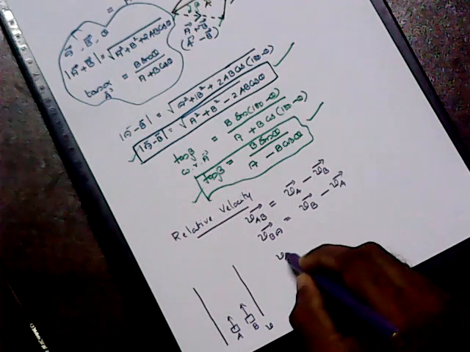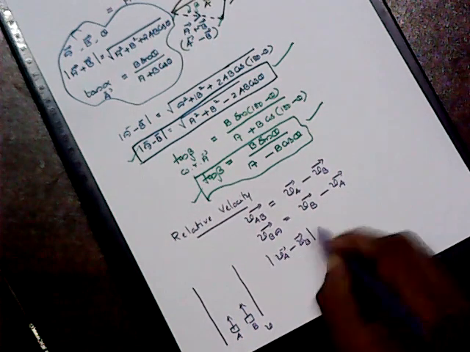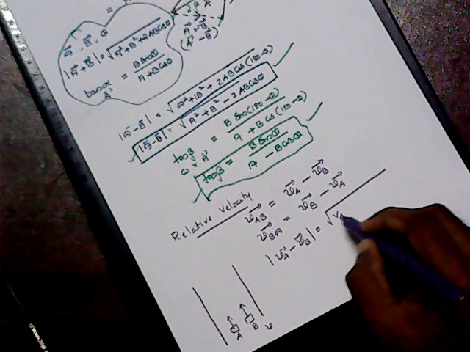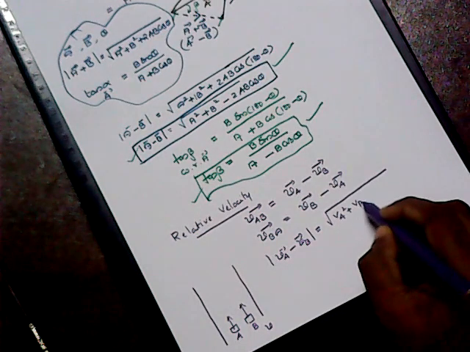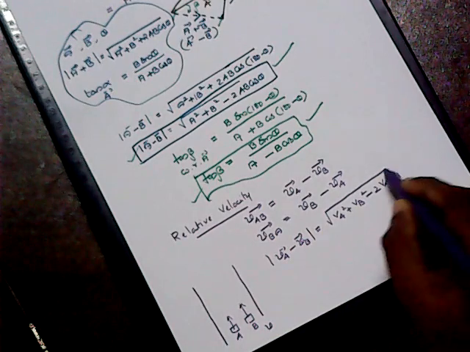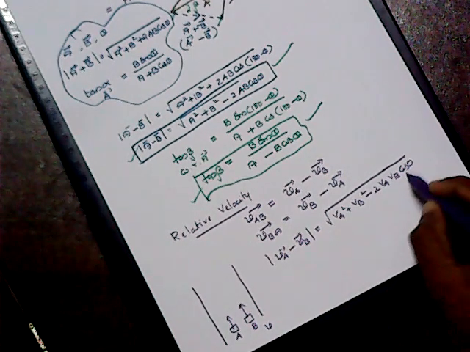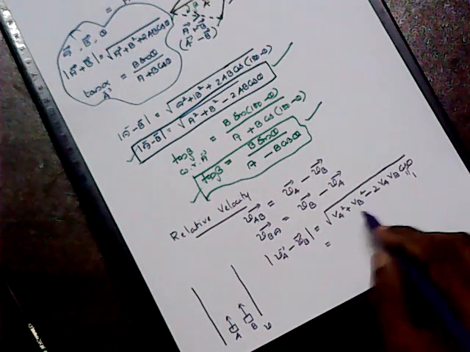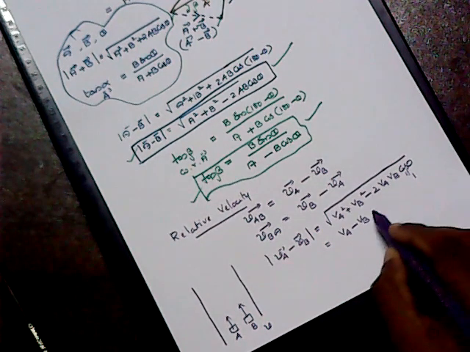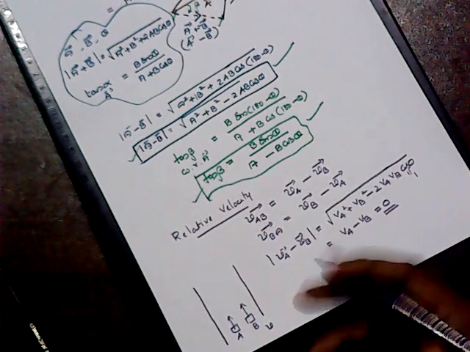In magnitude we can find it to be equal to the square root of VA square plus VB square minus 2VA VB cos theta. The angle between them is 0 degrees. So cos 0 is 1. So it is nothing but VA minus VB. But their magnitudes are equal and hence 0. That means we feel they are at rest.